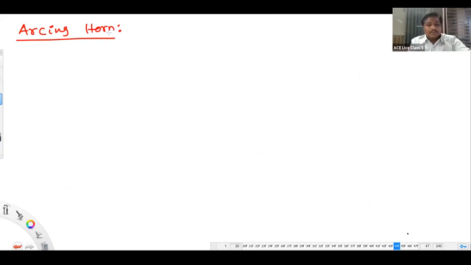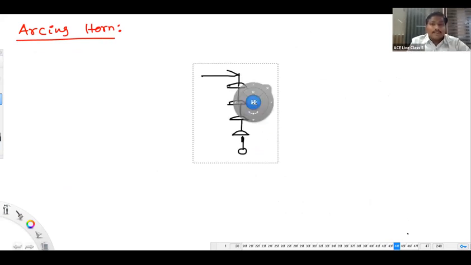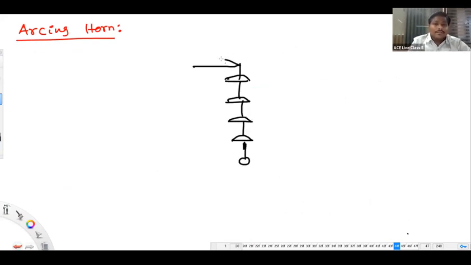Now observe: this is the insulator. At the bottom end, you are keeping the guard wire, or sometimes you can call it a grading ring. Like this, we have a guard wire.